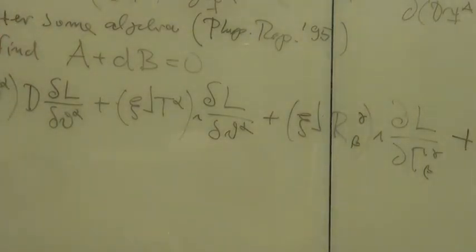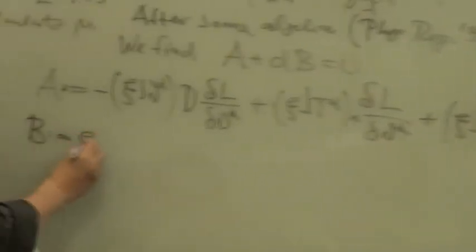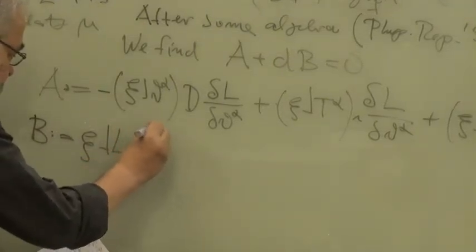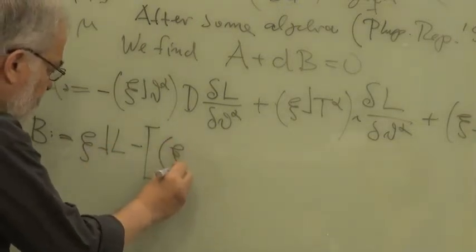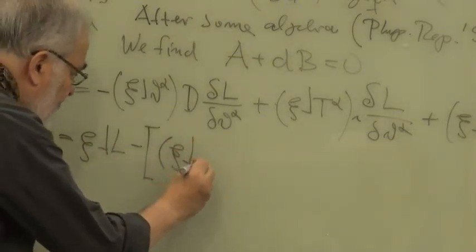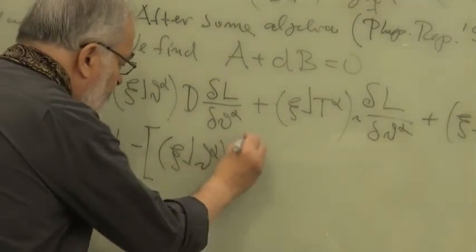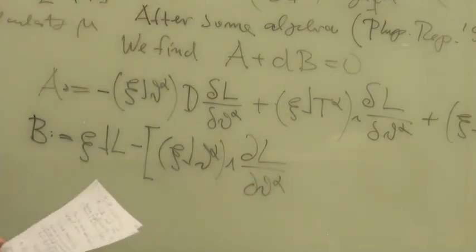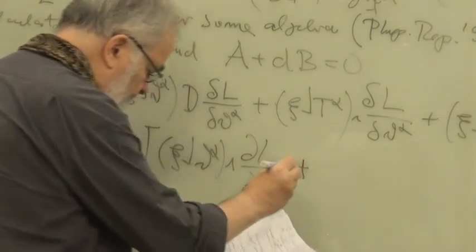And for B, you get a similar formula. Psi in L minus psi in theta alpha times partial L over partial theta alpha. And now you get again the terms with respect to torsion.